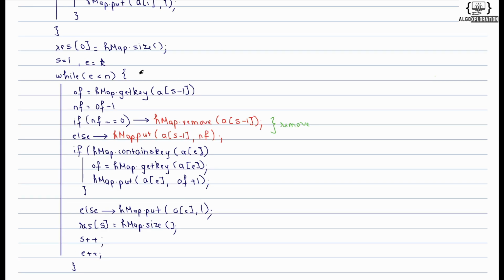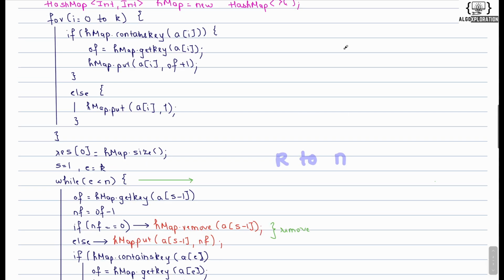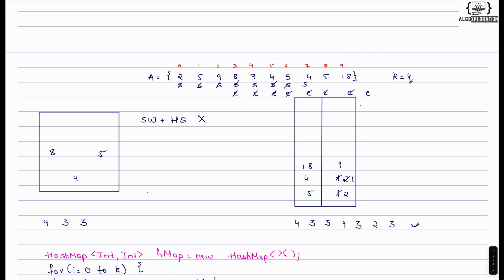Now, if we think about the time complexity of this while loop, we can see that e is running from K to N. Initially the value of K is 4, so e is pointing to index 3, because of zero indexing, and it goes till N. So N minus e plus 1, where the value of e is K, gives N minus K plus 1.